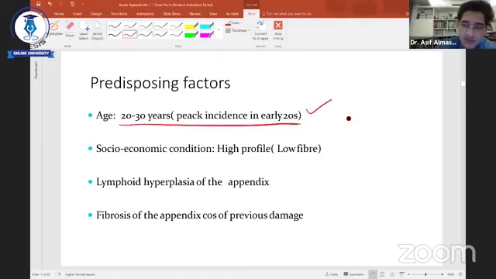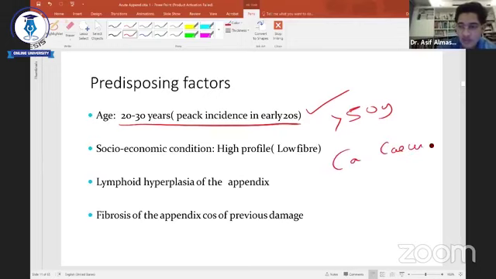If someone who is above 50 years comes to you with right iliac fossa pain, before doing the appendicectomy, make sure that you exclude other problems, for example a carcinoma cecum, which may also give features similar to that of appendicitis. So a colonoscopy may be helpful in this case. So before doing any elderly patient's appendicectomy, always remember that carcinoma cecum has features similar to appendicitis.